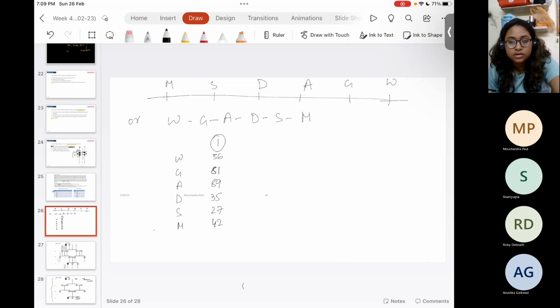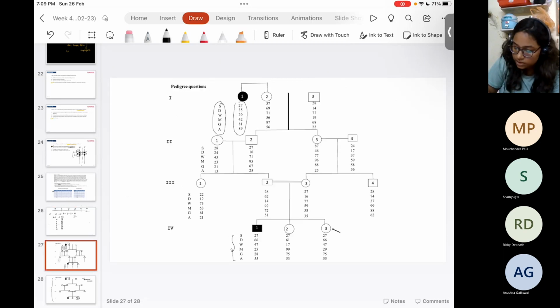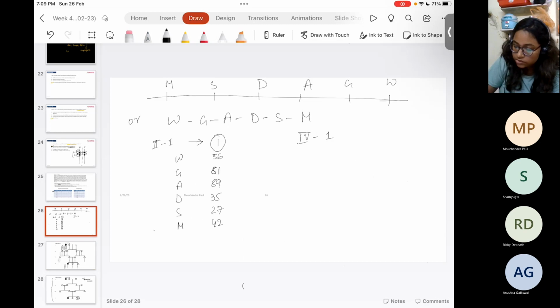So let me quickly write the answer. You will see in individual 4, this guy, at position W, G, A, D, S, M, at position A and D, there is a homozygous condition of 55 and 66.